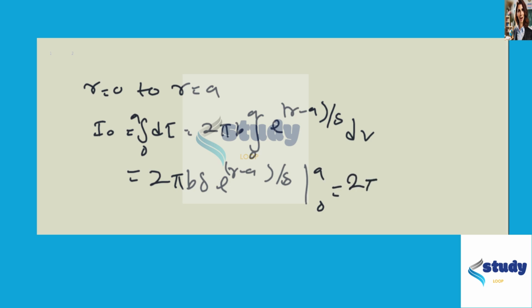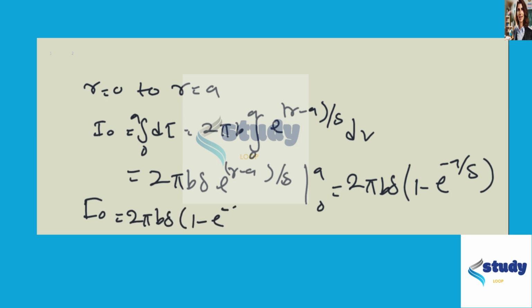This gives us 2 pi B delta times 1 minus e exponential minus a over delta. Then our I naught will be 2 pi B delta times 1 minus e to the minus a over delta.